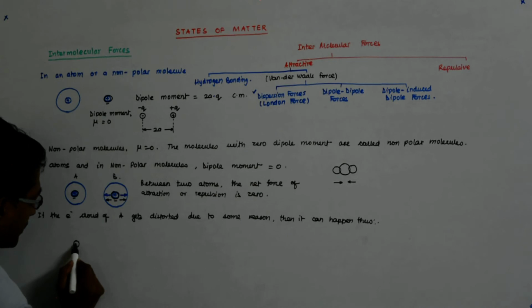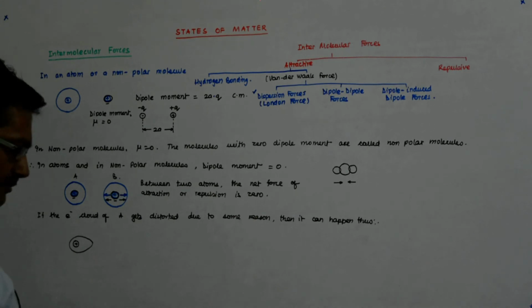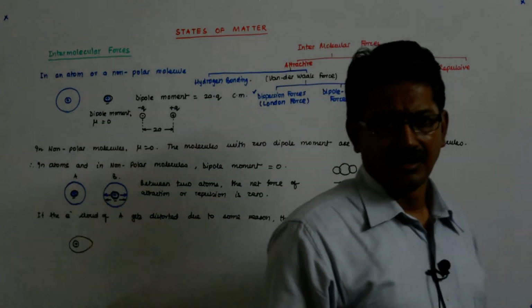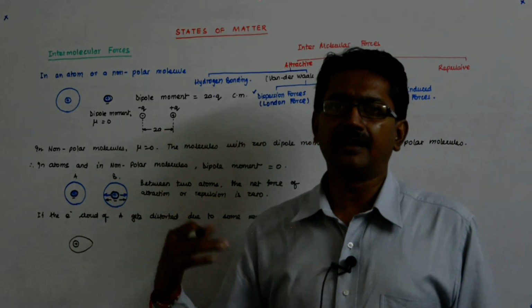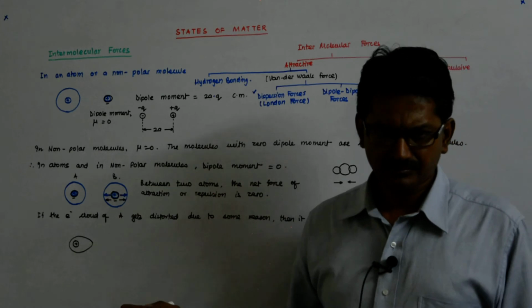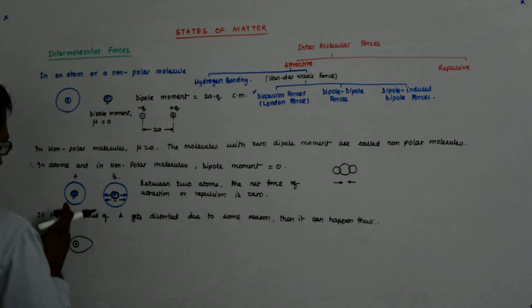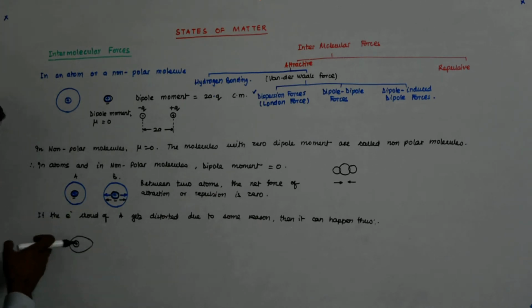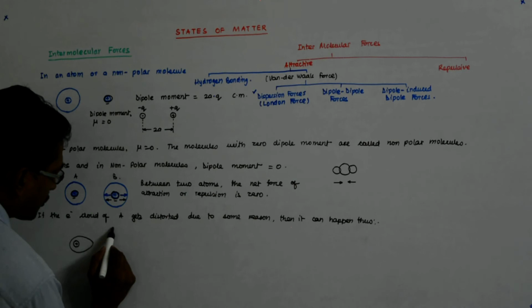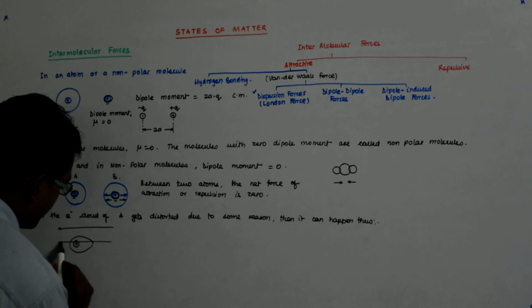So let us say it so happens that there is a positive here and suddenly negative kind of gets stretched like this. When you understand the electric field in class 12th, you will understand this more. So there could be an external electric field, in such a direction that it pulls this thing to the left.